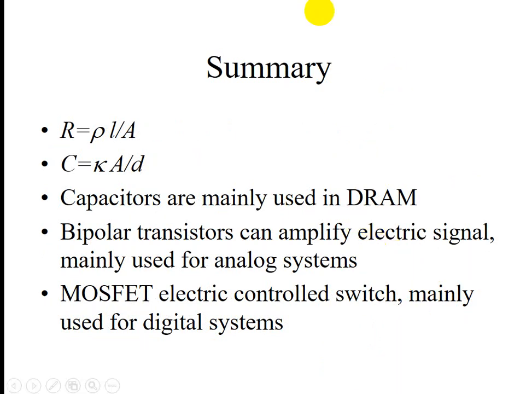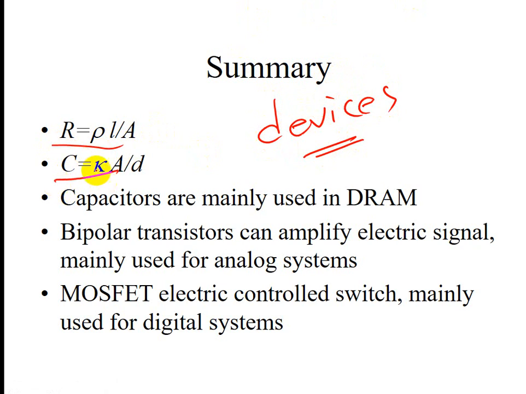And we also discussed the basic devices. Okay, the basic devices: capacitor, resistor. The capacitor can be used in DRAM combined with a MOS to serve as a storage device.